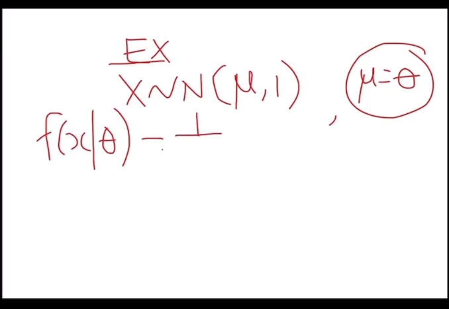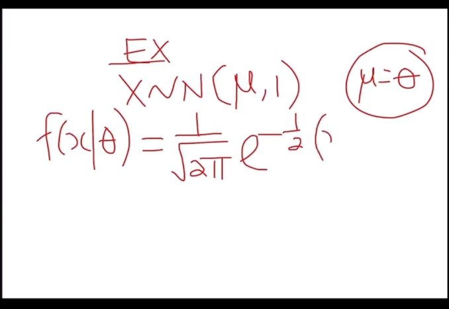It's going to be 1 over the square root of 2 pi, exponential raised to the power negative half, then x minus mu, all squared. That is because sigma squared is 1. So this is what we're going to have.